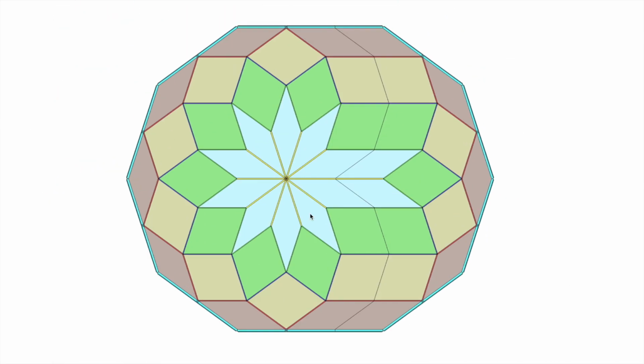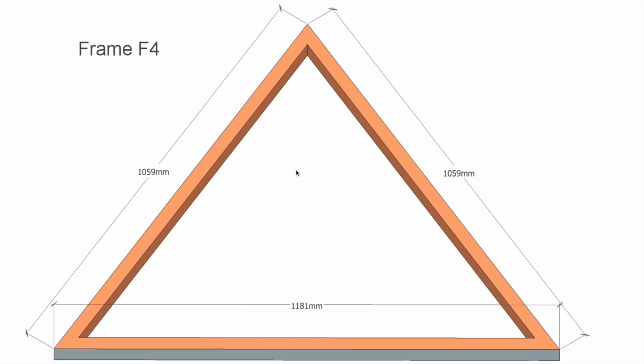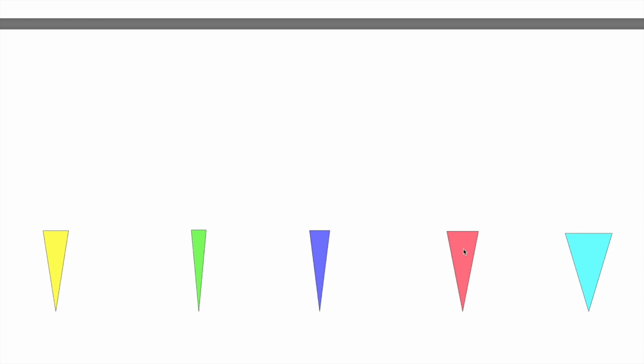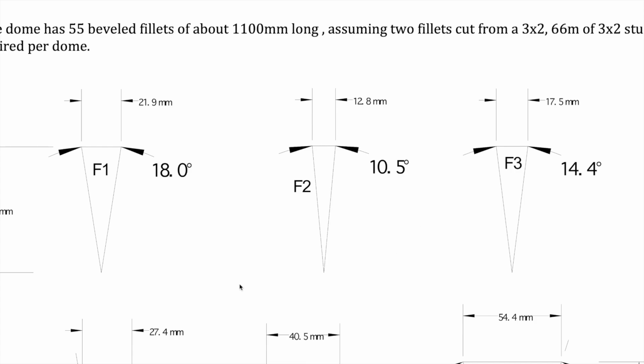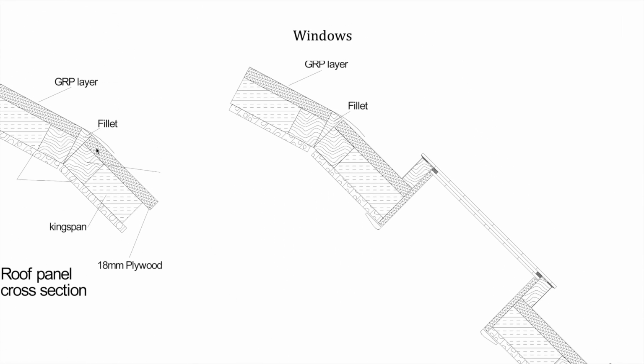Your fillets: all of these triangles are square edged, so you just make them square edged, dead simple, and then you add fillets. They're all numbered so you know what they are, and there are window details and how the fillets work and everything like that.